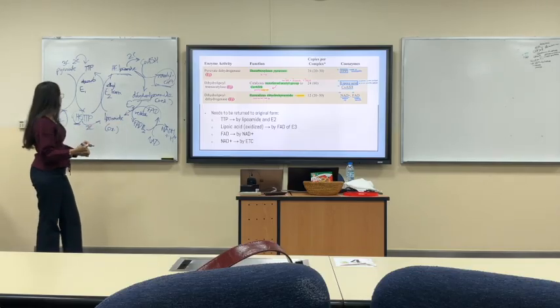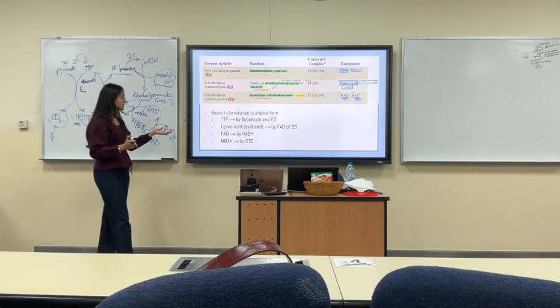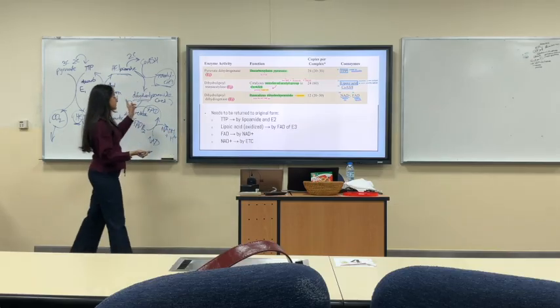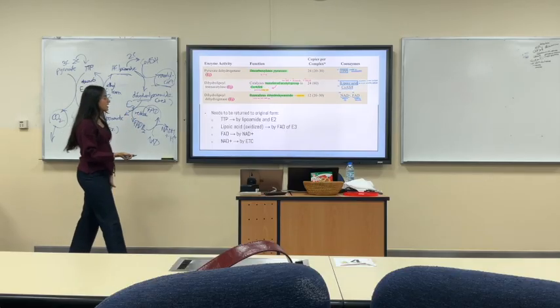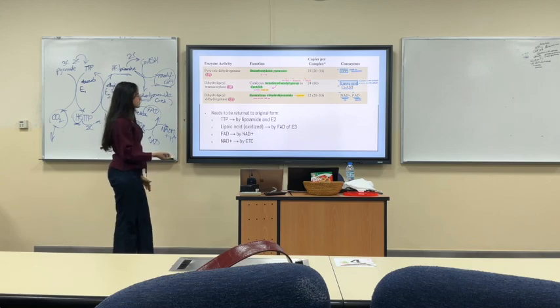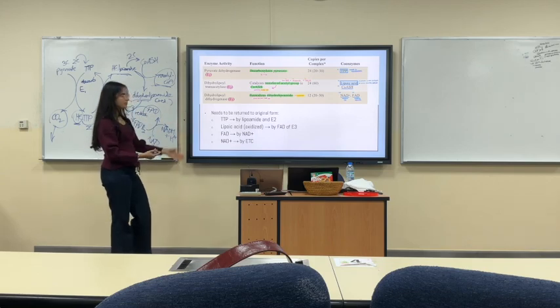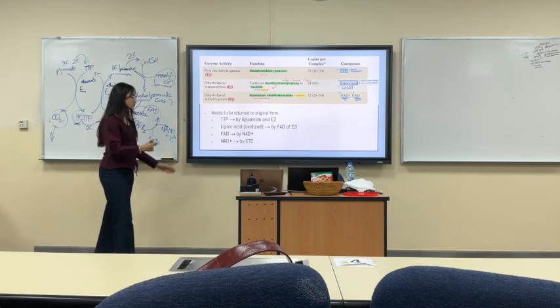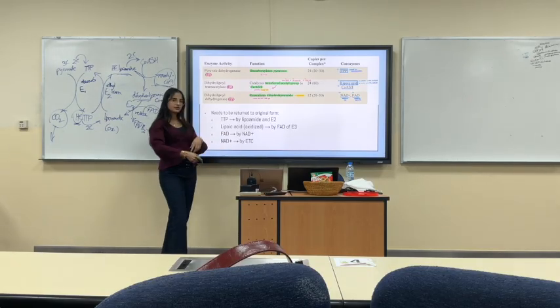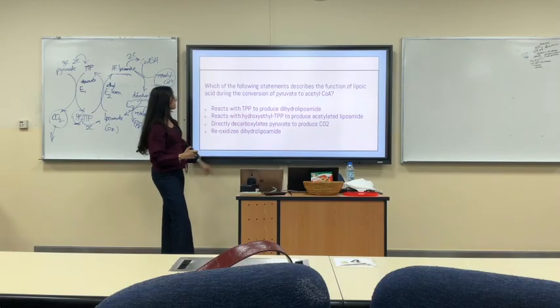Lipoamide accepts the hydroxyethyl group. Lipoic acid or lipoamide is reoxidized by FAD of E3. FAD is reoxidized by NAD+, and NADH will be reoxidized by the electron transport chain. So all of these coenzymes are regenerated in these ways.